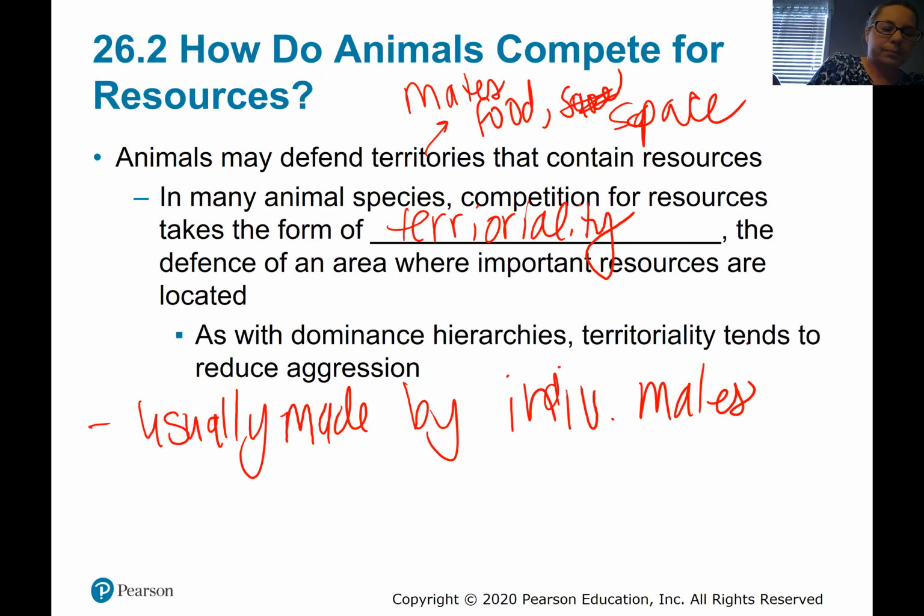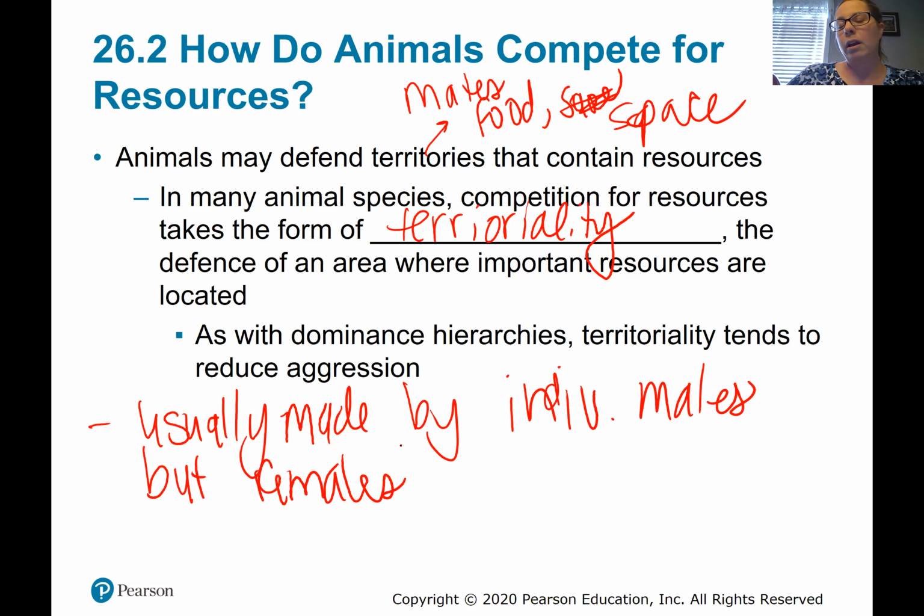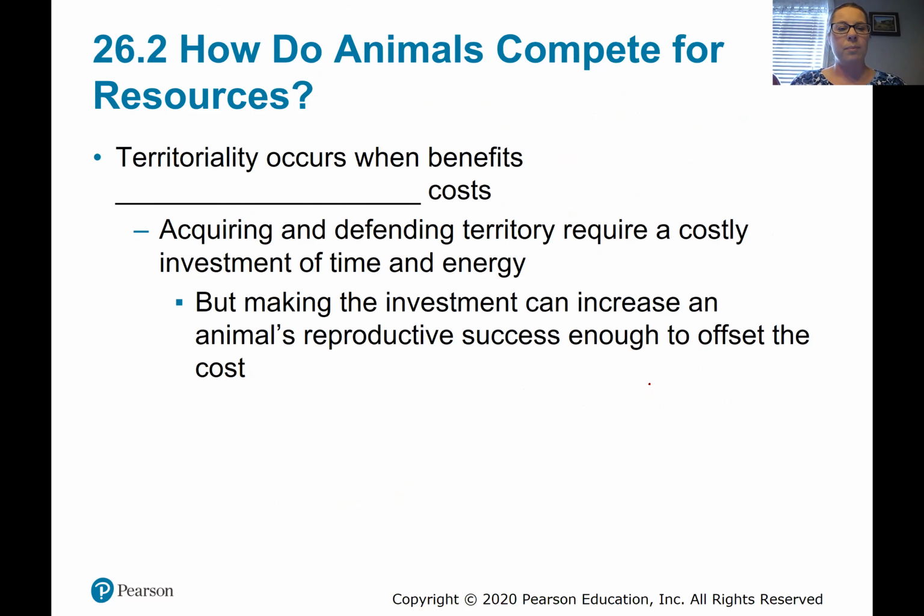But females can also be territorial, like female mountain lions, or mountain lions are usually solitary organisms. And so a female may have her territory, or groups like a pride of lions will have their territory as well. So it's generally individual males, but you can see it across other groups or individuals as well.